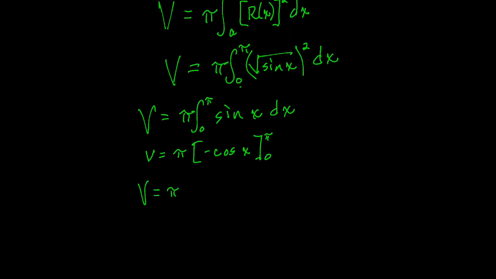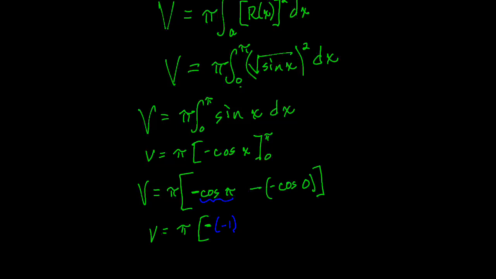I have pi times the opposite, the cosine of pi, minus, maybe throw in a little parenthesis here, minus the opposite of the cosine of 0. So the cosine of pi is -1, and I have a negative here, so that becomes positive.